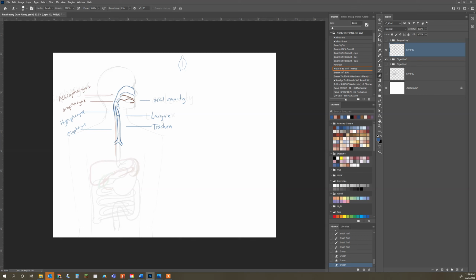Every time you swallow, this flap closes, and the chewed up food, called a bolus, can then make its way safely past the trachea down into the esophagus.